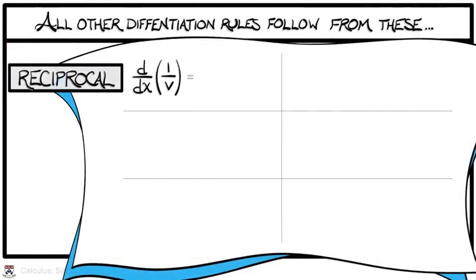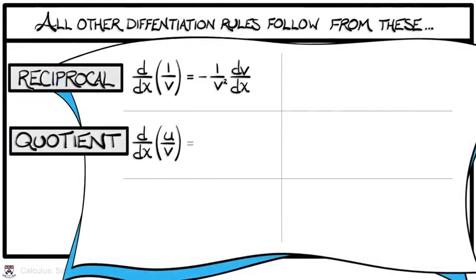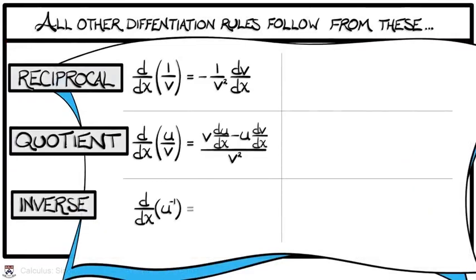There are a number of other differentiation rules that you may have seen in your previous exposure to calculus: the reciprocal rule, the quotient rule, the inverse rule. If you remember seeing these, then take a brief look.